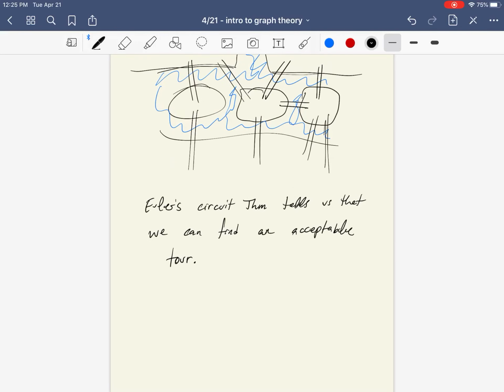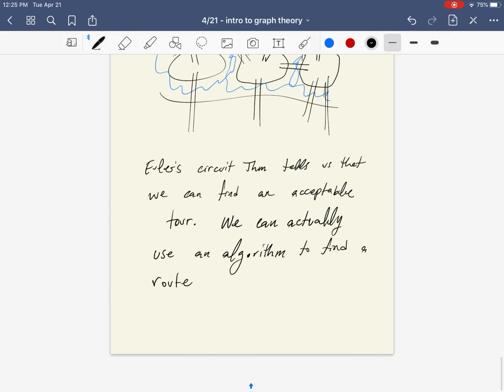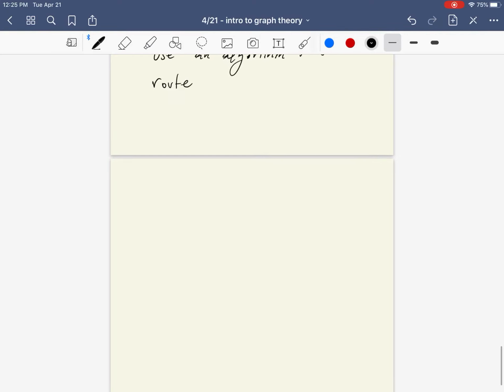Now we can actually use an algorithm to find a route. And this algorithm is going to be called Fleury's. It's named after a mathematician, so this is Fleury's algorithm.